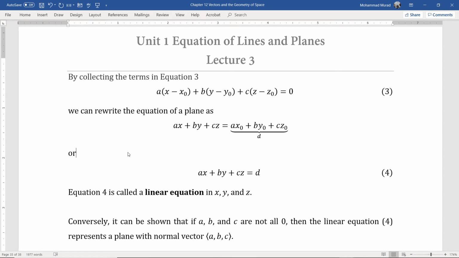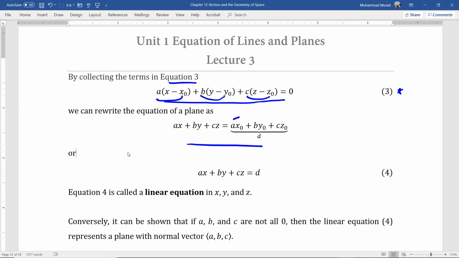Now by collecting the terms in equation 3, we can rewrite the equation in this way, just by transposing the term -a times x sub 0, negative b times y sub 0, and negative c times z sub 0 to the right hand side.